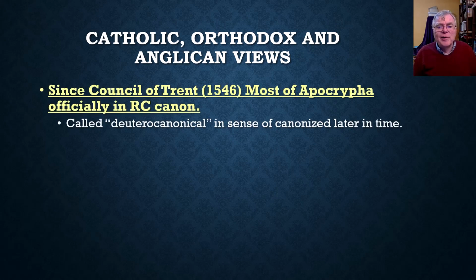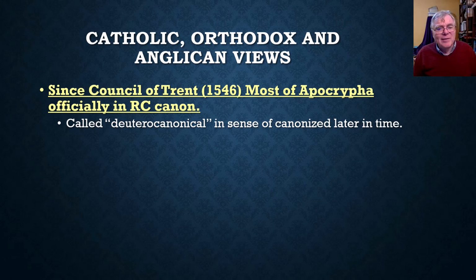Since the Council of Trent in 1546, most of the Apocrypha was officially put in Roman Catholic Bibles and are considered a part of the Roman Catholic canon. They're given the name deuterocanonical in the sense that they were canonized later in time.